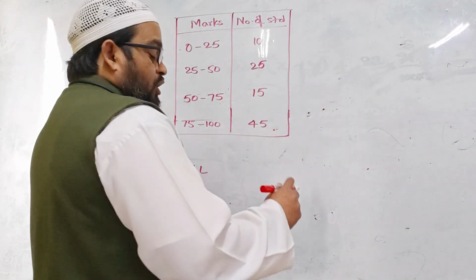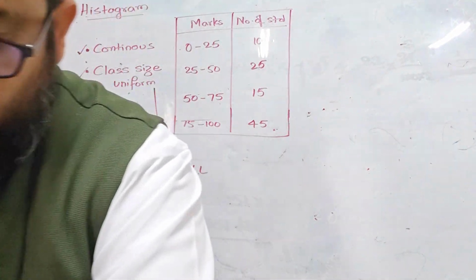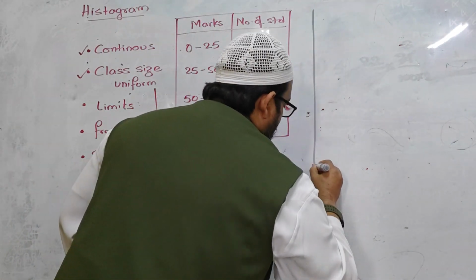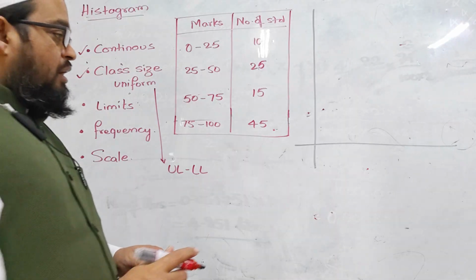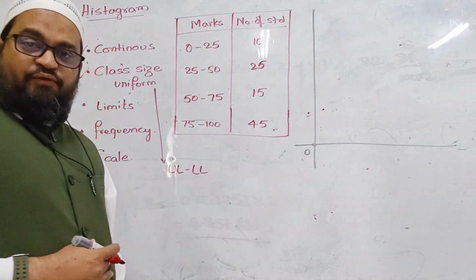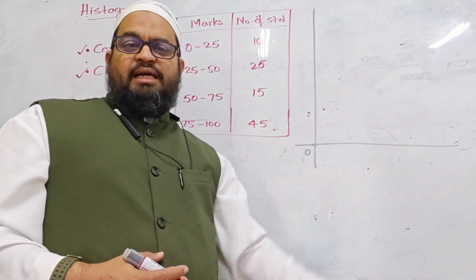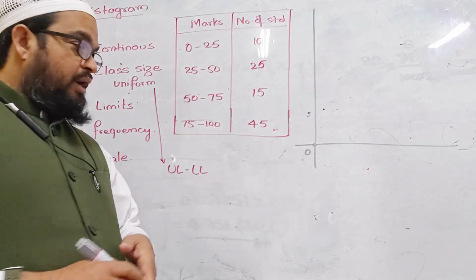Now let me draw. So for drawing, let us say the graph is given. For a histogram, you can take from the origin. For a frequency polygon, a slight difference is there while taking the x-axis, but for a histogram, no need to do it.